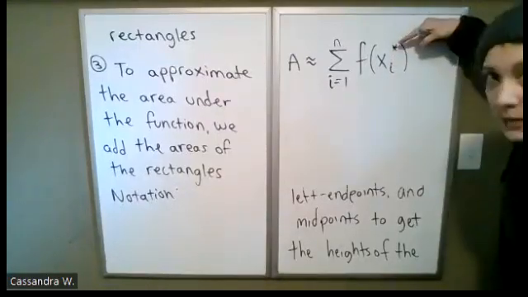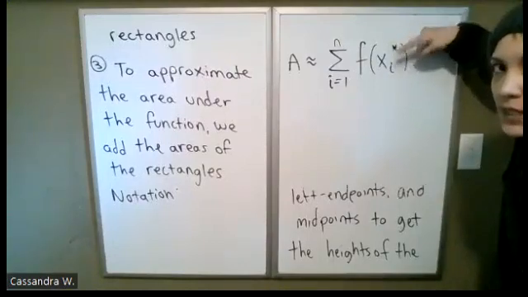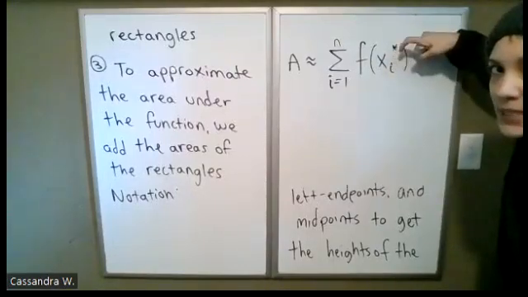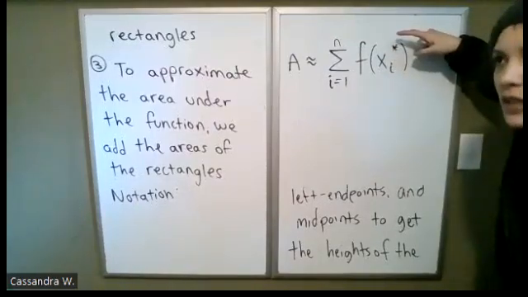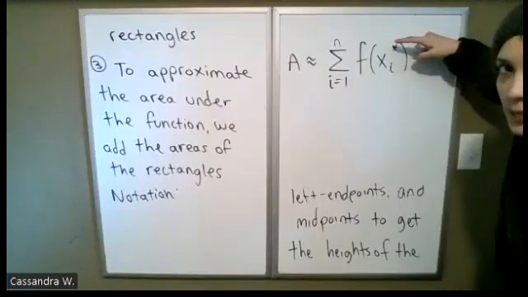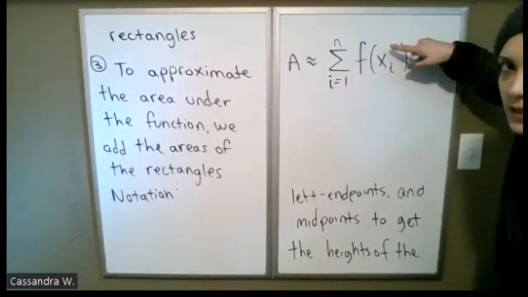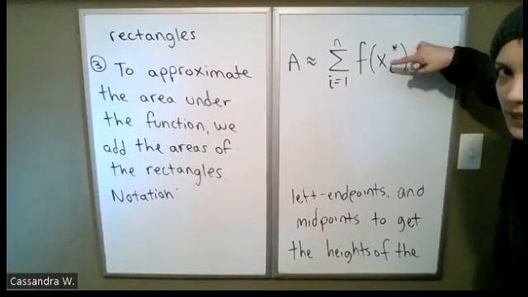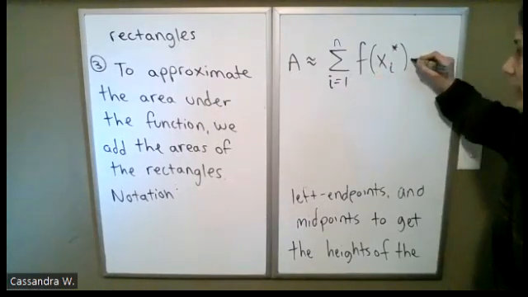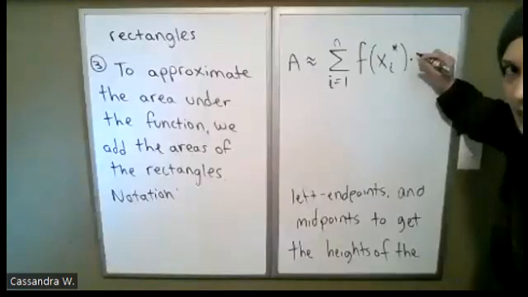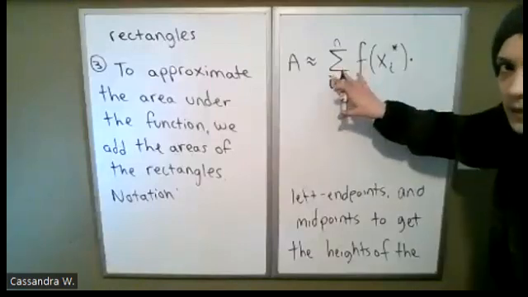So right now I'm using a star to say these x sub i's could be midpoints or right endpoints or left endpoints. If you're starting your problem and you know you're using right endpoints, you don't need to put the star here. You're just using your endpoints, x sub i. But then send them through the function f, multiply it with delta x, and then add it to the next one.